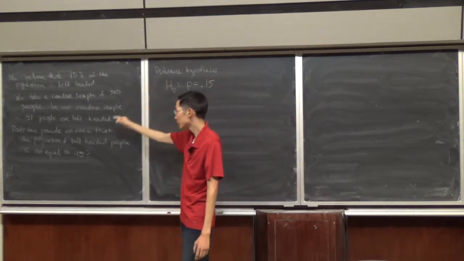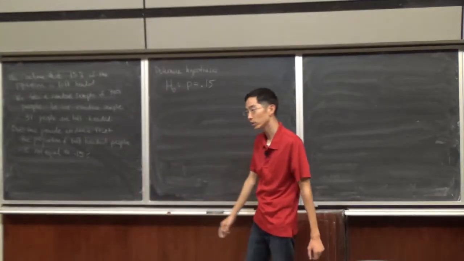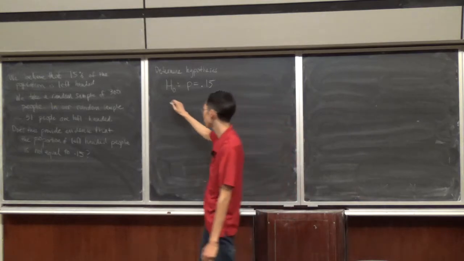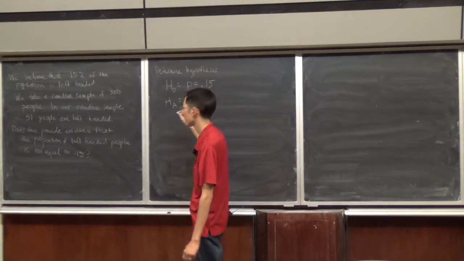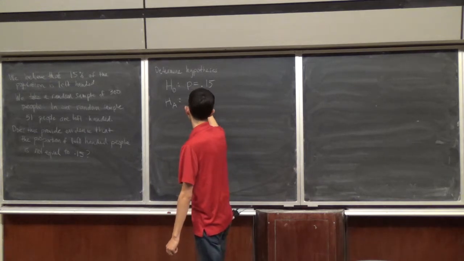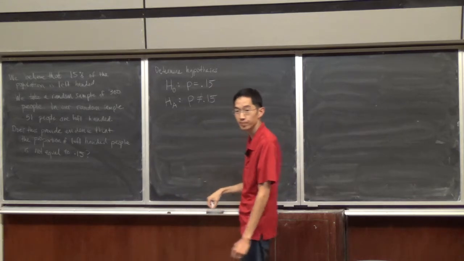And when we read the problem, it says, does this provide evidence that the proportion of left-handed people is not equal to 0.15. So my alternative hypothesis is going to be what? P is not equal to 0.15.